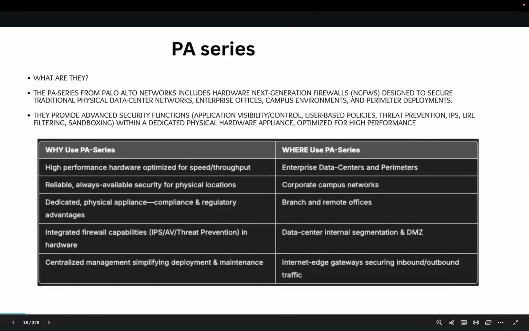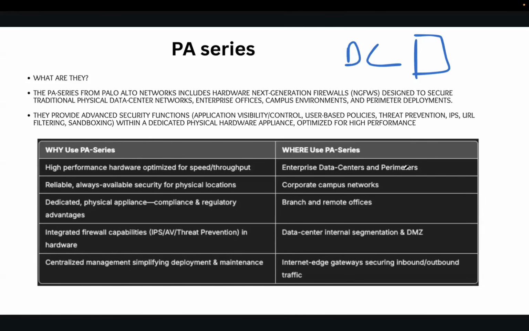As of now, you got to know this is the physical firewall. If you want to implement this firewall in any data center, you can implement it. Even in your campus network, you can implement it.